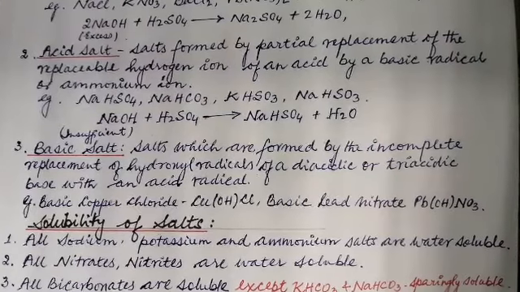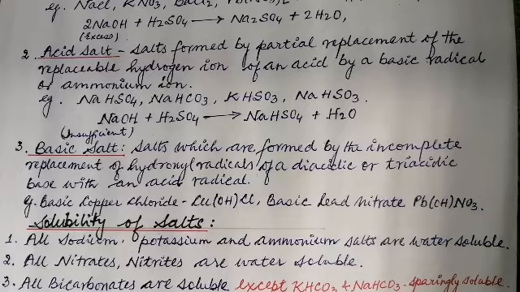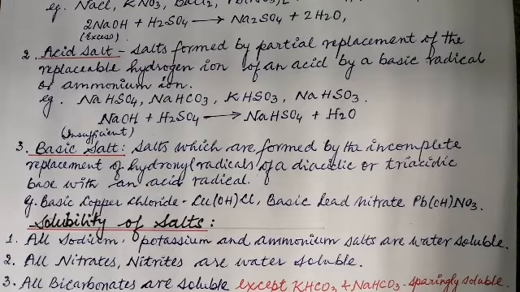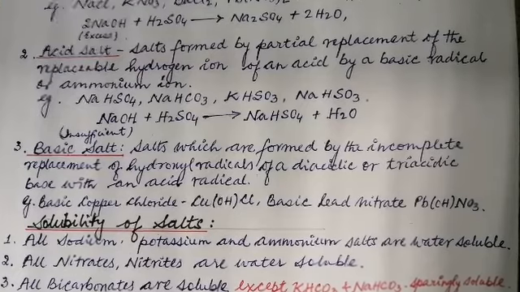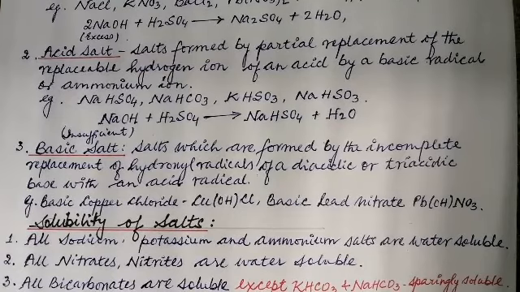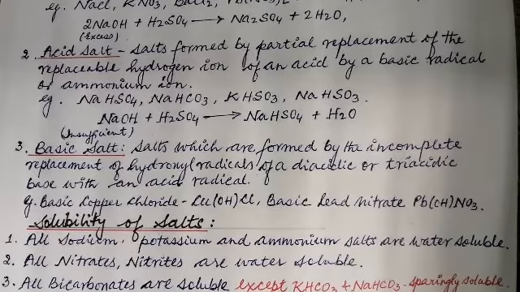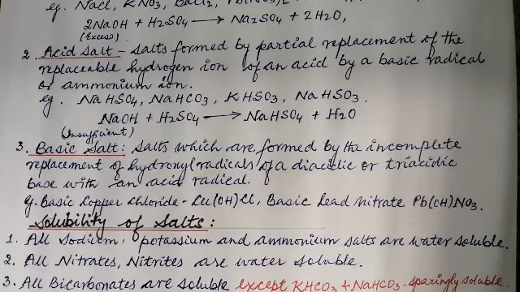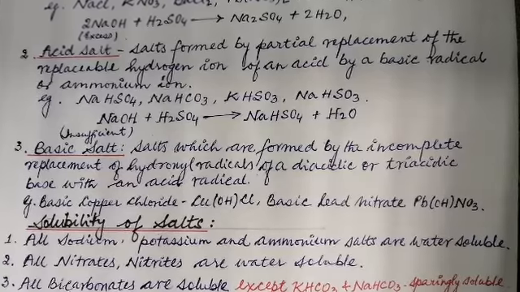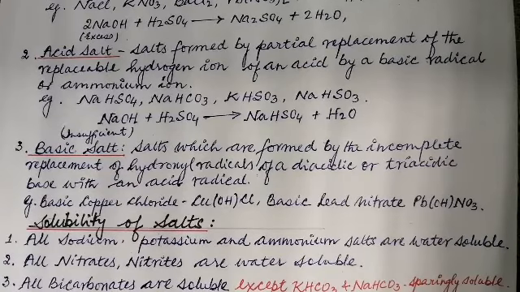Number 3, basic salt. Salts which are formed by the incomplete replacement of hydroxyl radicals of a diacidic or a triacidic base with an acid radical. Now, what do you mean by diacidic or triacidic base?